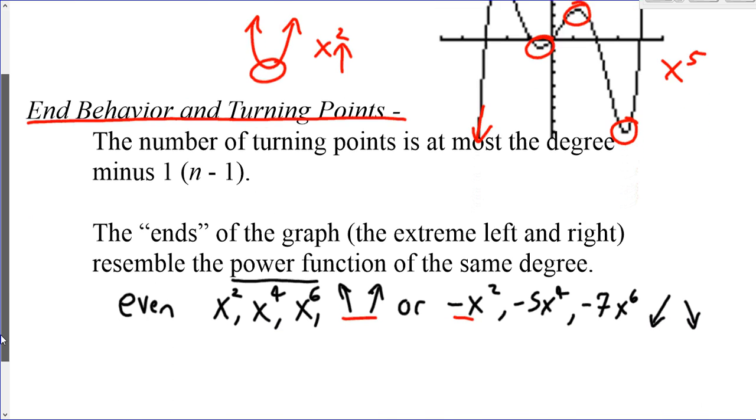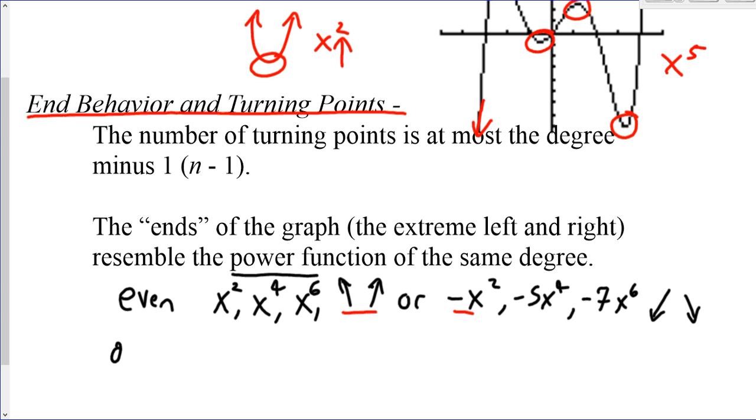So we'll also have odd degree polynomials, okay, like x or x cubed or x to the 5th. When those are, you know that they're going to start low. If you think just basic linear function, okay, that's an odd polynomial. It's going to start low, end high.